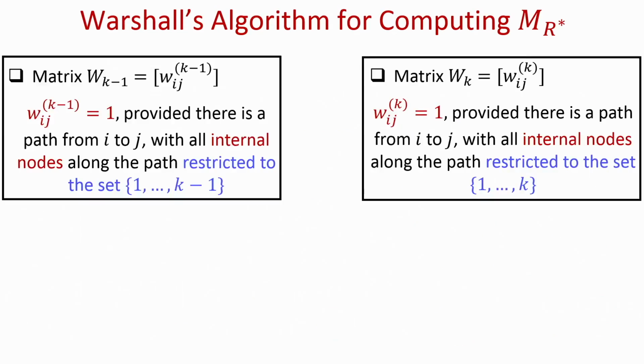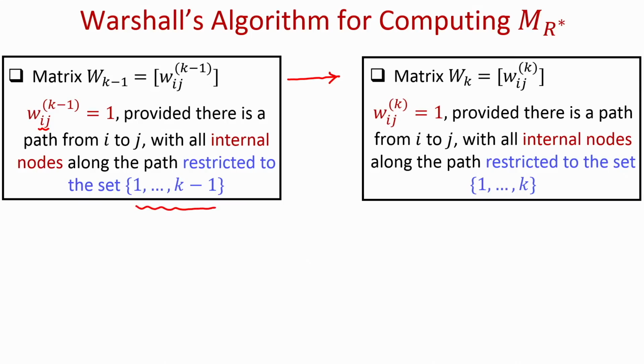Okay. So, now Warshall's algorithm boils down to the following, that how exactly I am going to update my matrix W of k minus 1 to the matrix Wk. And as per my definition, the i comma jth entry in the matrix W k minus 1 is 1 provided I have a valid path satisfying the restriction that the intermediate nodes are within the subset 1 to k minus 1.